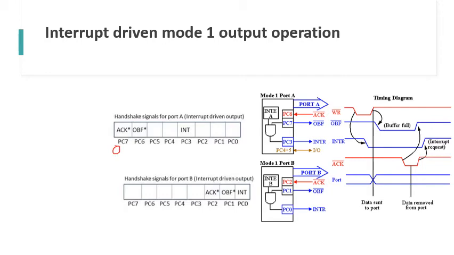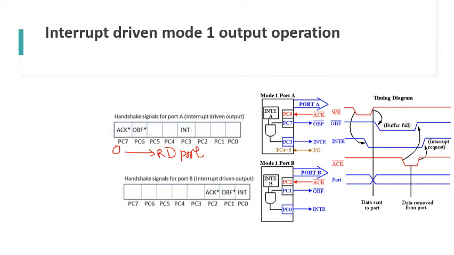When the output device wants the data and reads data from the port, this acknowledge signal is set to 0.